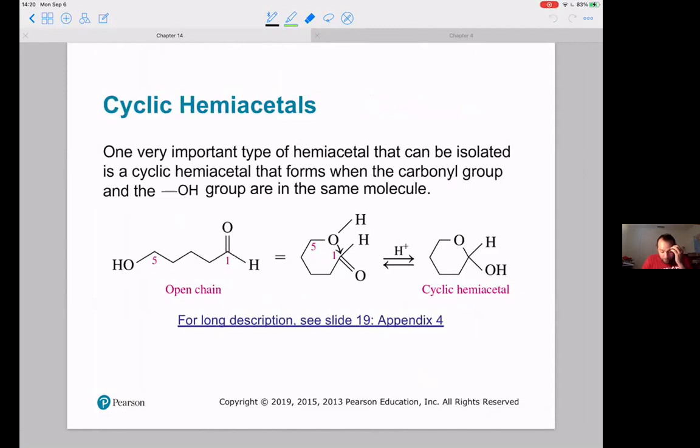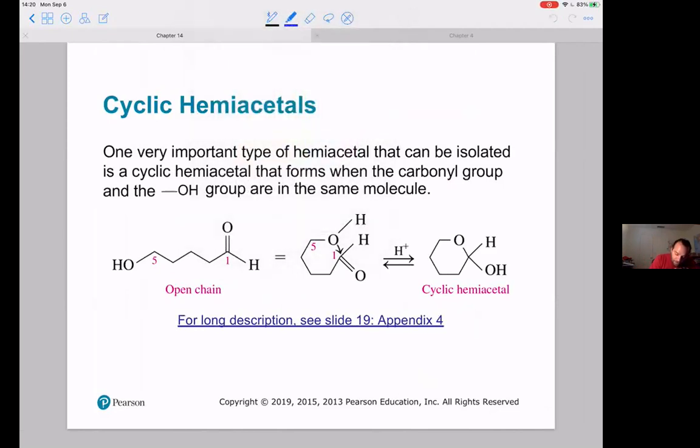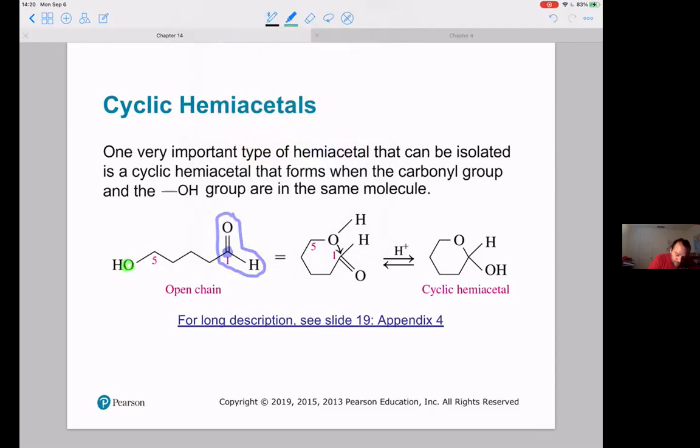These can get pretty complicated because they can occur within a single molecule itself. So for example, when I have a molecule that has both an aldehyde functional group, and so most importantly that carbonyl carbon, and an alcohol oxygen, these two can react with one another, giving me what's called a cyclic hemiacetal.